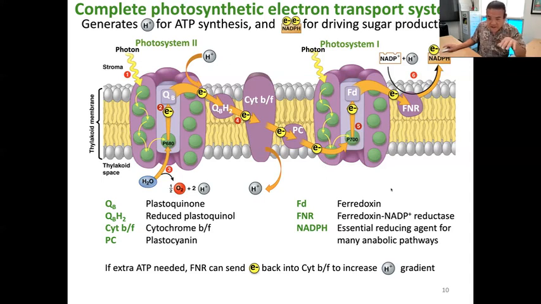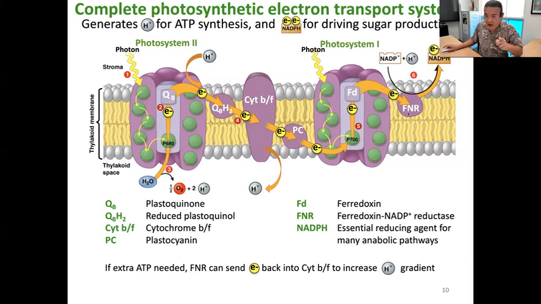The nice thing about this system is if the plant runs into trouble, meaning if the plant really needs to make more ATPs, and that's the focus, like running short on ATPs, then rather than shipping these electrons off somewhere else, these electrons can actually be recycled.